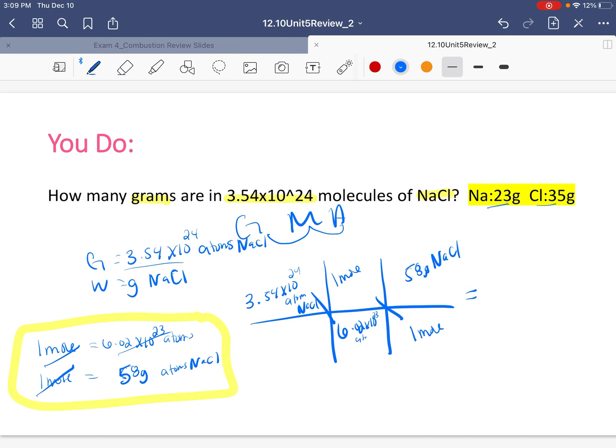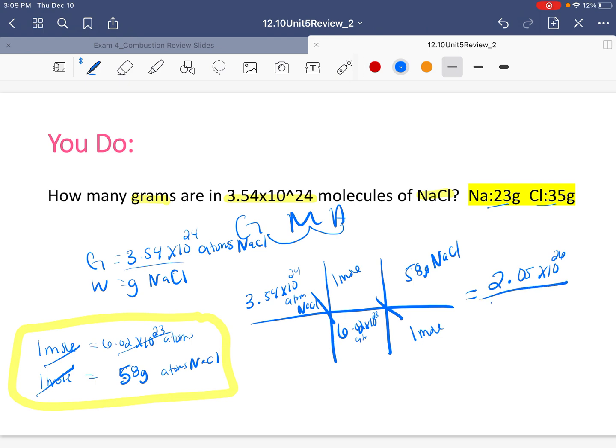From here, class, all you have to do is multiply across and divide. So when I multiply this across, 3.54 times 10 to the 24 times 58, I get the value of 2.05 times 10 to the 26, right?